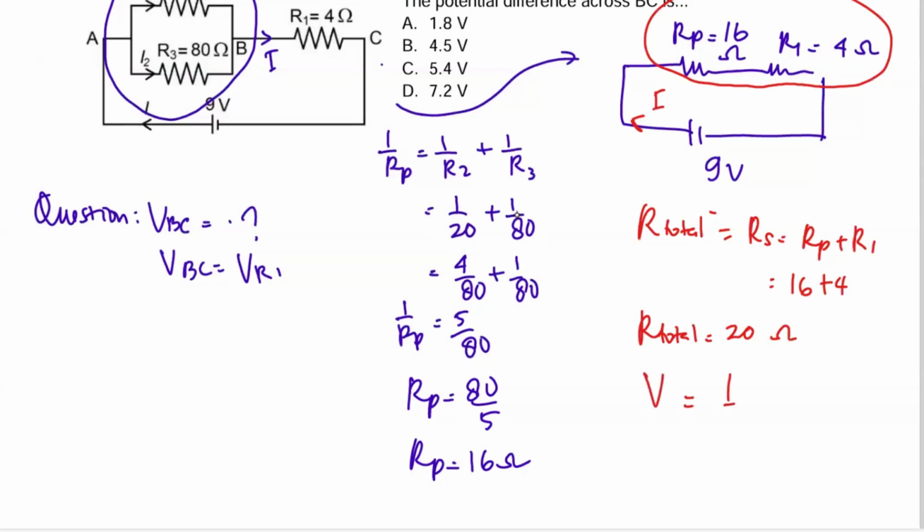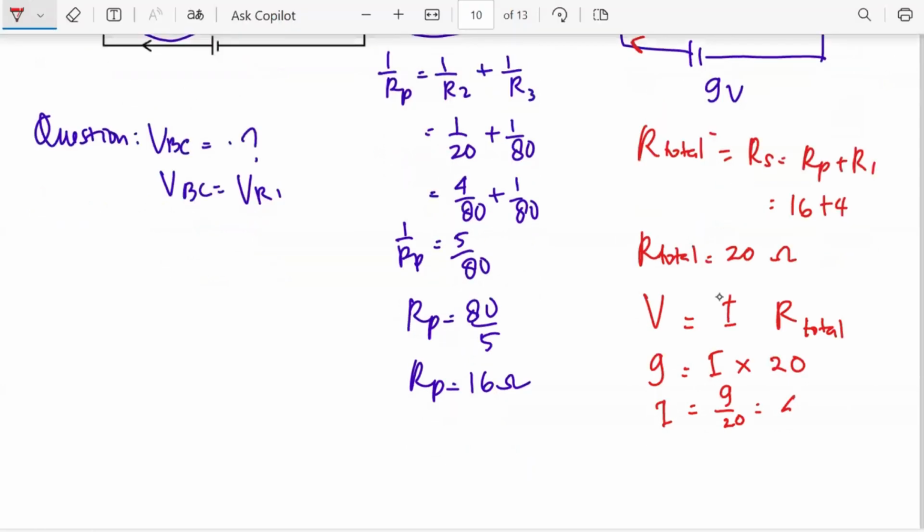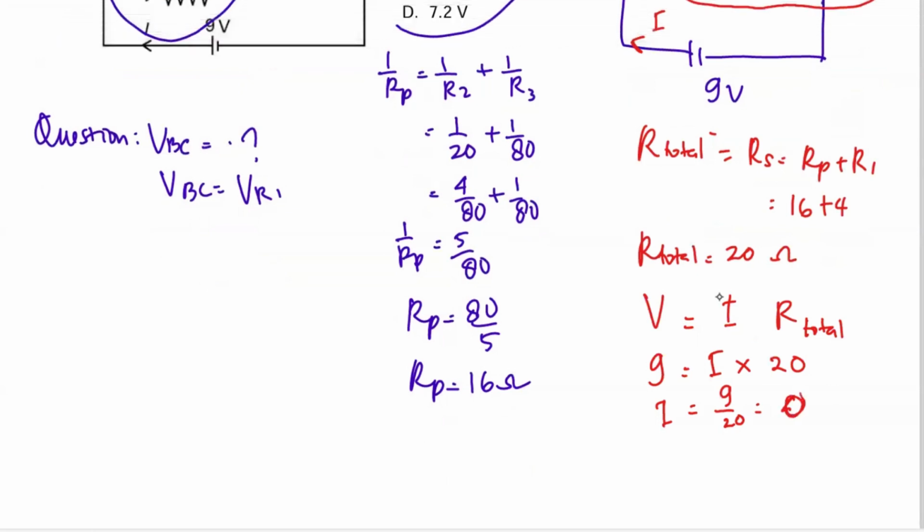So using this information, we can count what the I is. Since V equals I times R, V equals I times the R total. V here is 9, I is the question, and R is 20, right? So I equals 9 over 20, or 0.45 ampere.